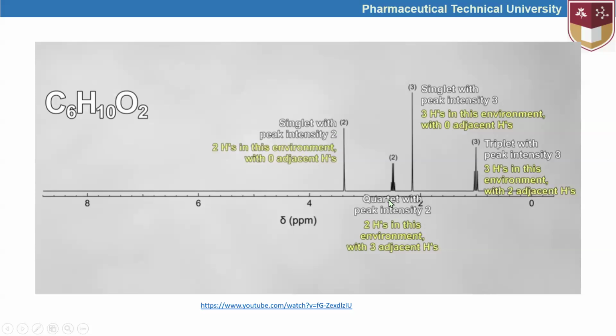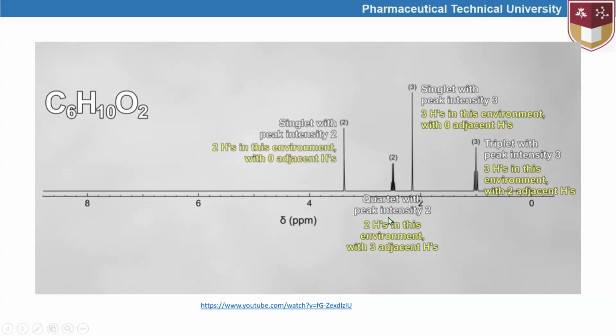Okay, and here we have quartet, and the number of hydrogens here is 2, and it has 3 adjacent hydrogens. Why? Because it is quartet. If it were a doublet, we could conclude that it has only one neighboring hydrogen.